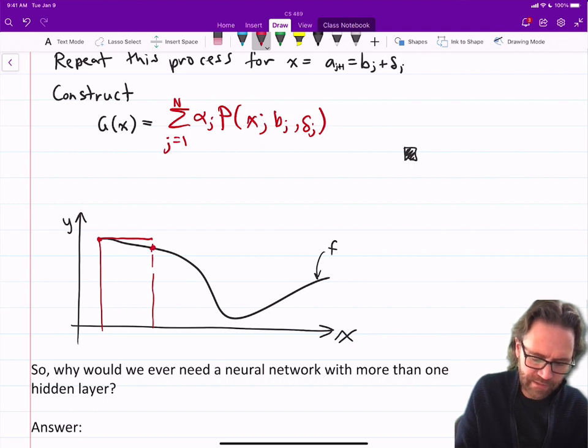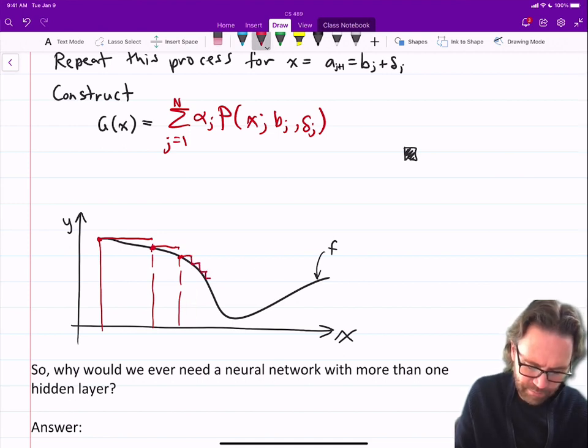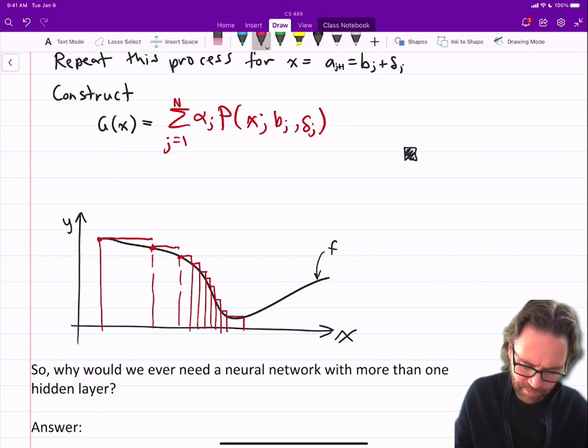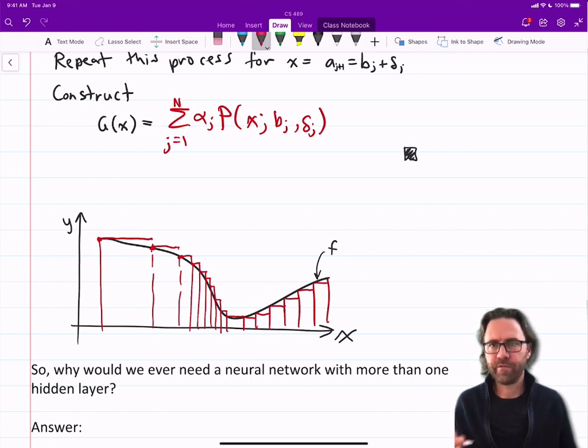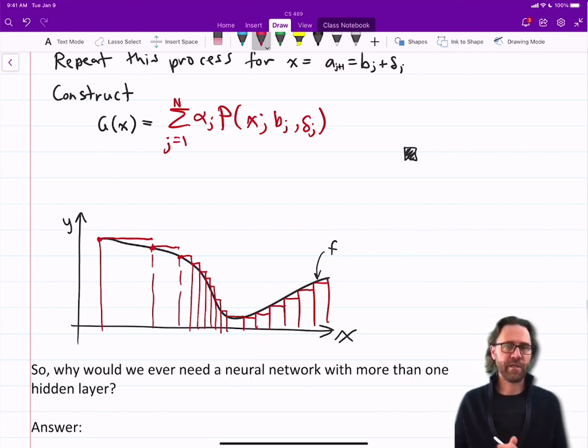Now I've got my next value here, but maybe the slope's starting to pick up now, so maybe I have to take smaller steps here. So I've constructed that f of x out of a bunch of those pieces, and ultimately it is constructed out of a whole bunch of sigmoid functions.